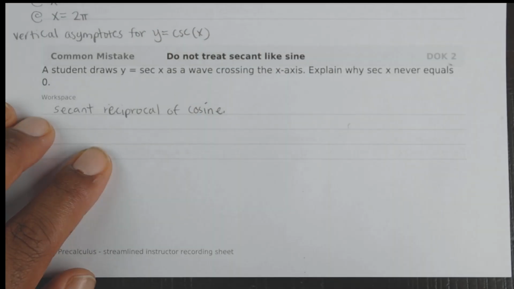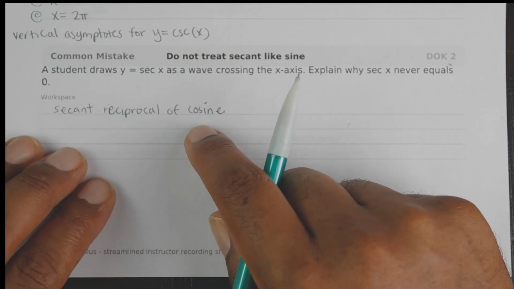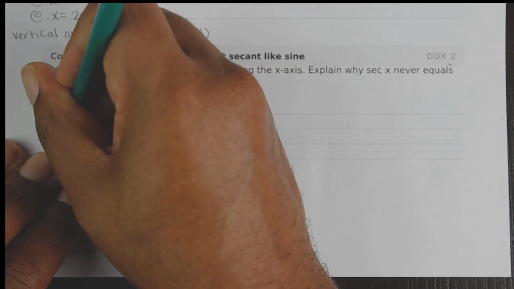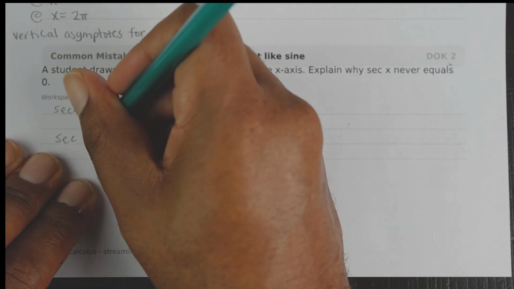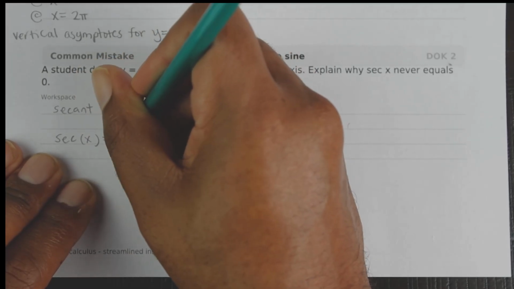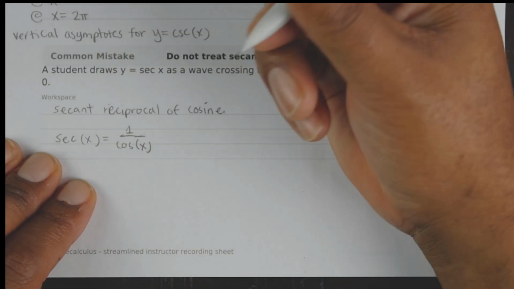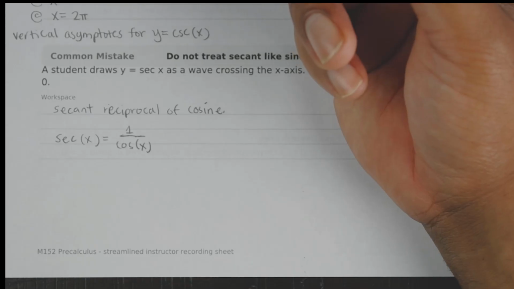Okay, familiarize yourself with the reciprocals as well. So this is secant x equaling 1 over cosine of x. Secant x equals 1 over the cosine of x.